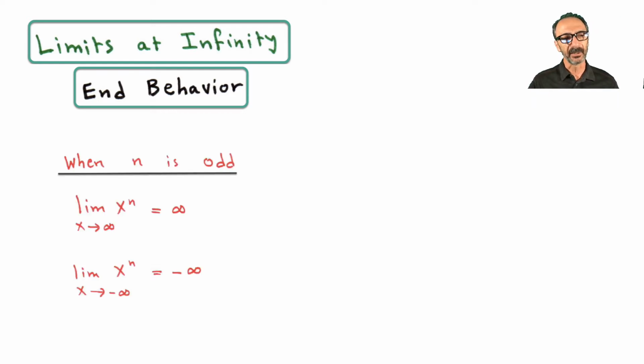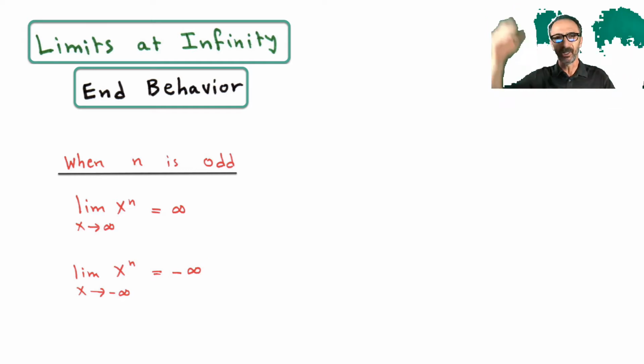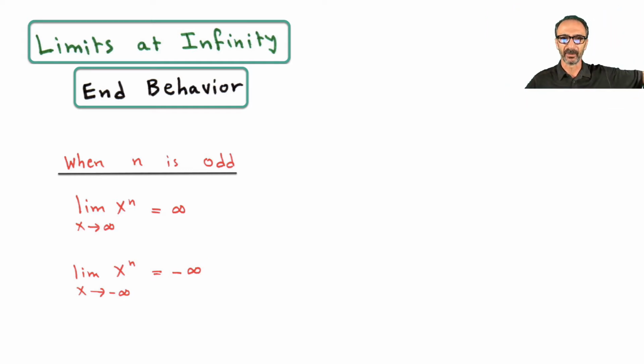When n is odd, x to the power n, as x approaches infinity, is just going to take off. And when n is odd, when you go to the left, it's going to go down. We call these odd functions. From one side they go up, from the other side they go down.